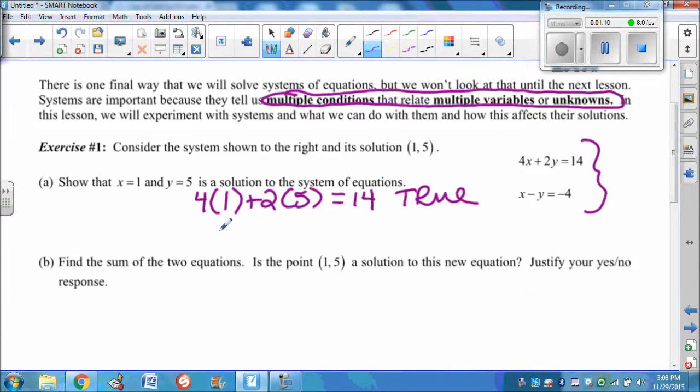Then checking that same point in the second equation, 1 minus 5, does that equal -4? That is also true. So (1, 5) is a solution to this system of equations, meaning if we graphed these 2 equations and found where they intersected, they would intersect at (1, 5).